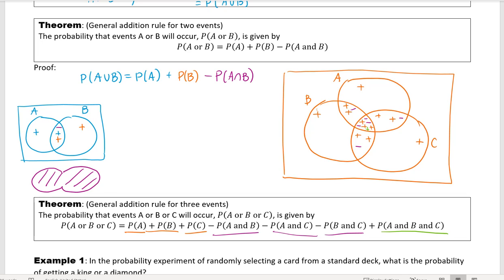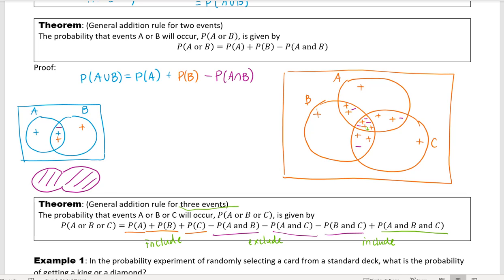Alright, and I hope through this picture you can understand this general addition rule. And this rule is also called the inclusion-exclusion principle, because here we include A, B, C, and then we exclude the intersection of 2 of them, and then we include the intersection of 3 of them. These rules work very similarly for more events.